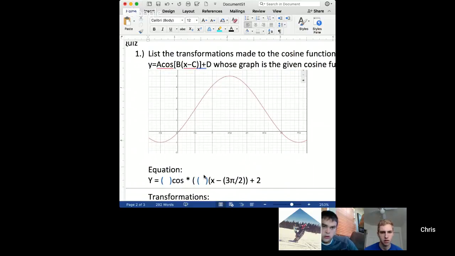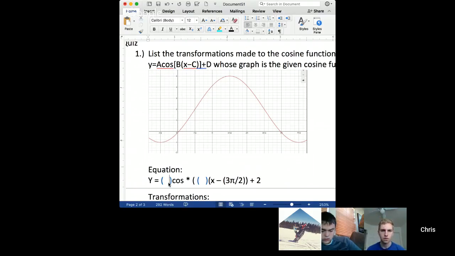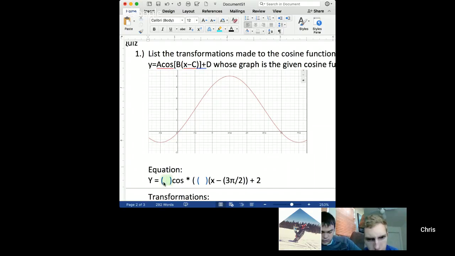We do in fact. Maybe not though. What is a again? So a is the stretching and shrinking, and I don't think we need that. No, we do. Yeah, we do.